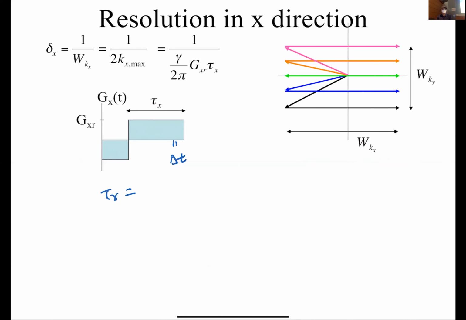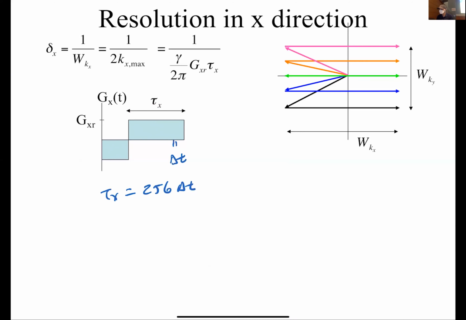Yeah, it should be 256. So we're going to guess that it should be equal to 256 delta t, because we know we're going to create an image that has 256 points in image space. Unless we do something really cool and tricky, we're probably going to need 256 points in Fourier space. Otherwise, we're getting something for nothing. Later on, we'll show how you can get something for nothing, but for now, you can assume that's what you need.